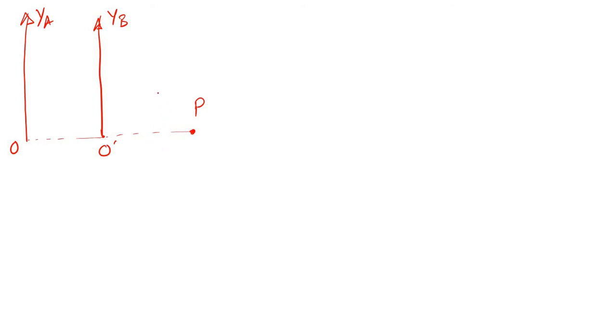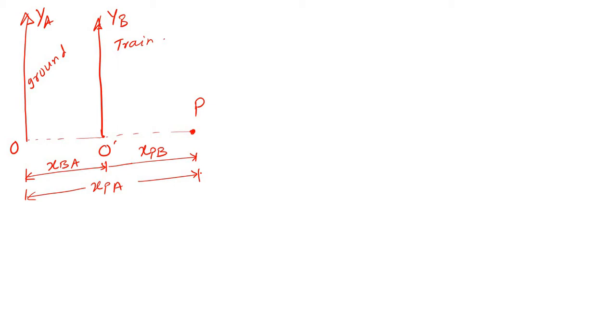So suppose this is the train and this is the ground, right? So what is the position? This distance is XBA, the distance between B and A. This is the distance of point P from B, and this is the distance of point P from A, right?